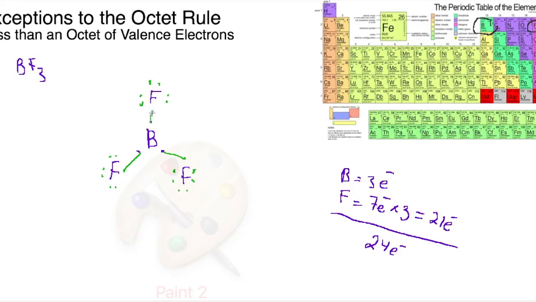If we do the same exact thing over here, this fluorine will be satisfied. What we have left is boron, which is not satisfied, because boron has 3 of its own and 3 that are shared with it by fluorine. So we have only 6.